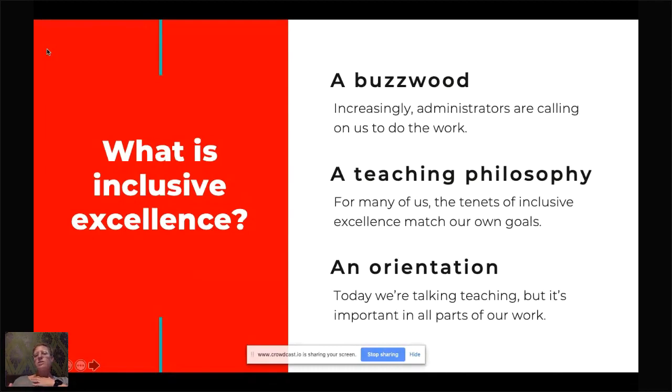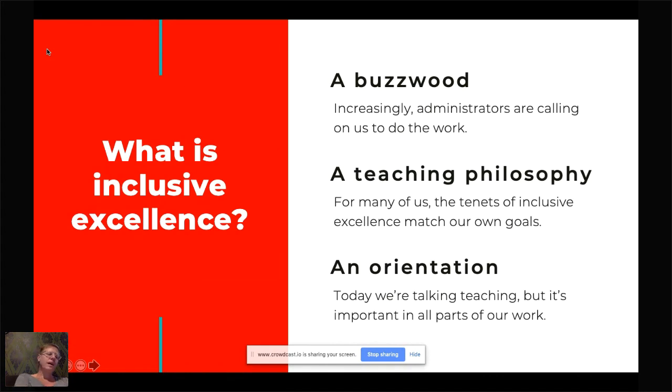Inclusive excellence is also a teaching philosophy. And for many of us, the tenets of inclusive excellence match our own goals. So once we break through what administrators are talking about, we tend to see that what we're already doing in the classroom is inclusive excellence.